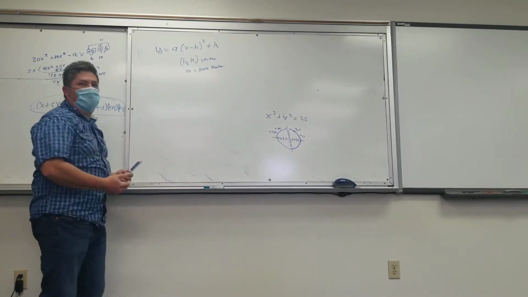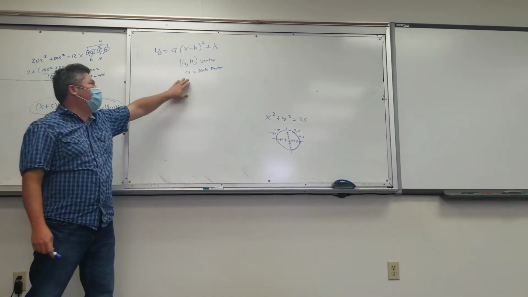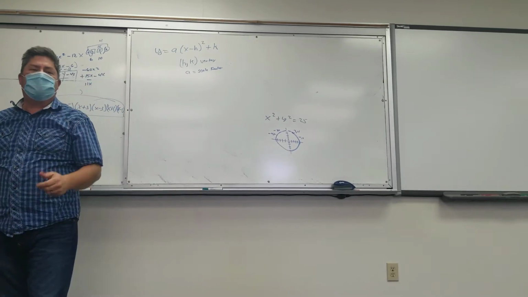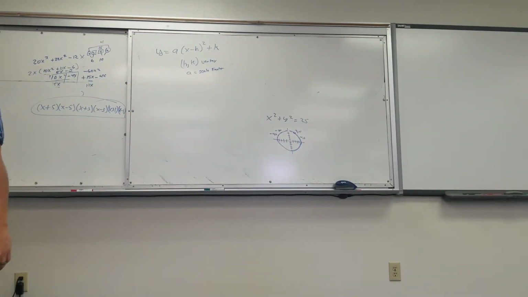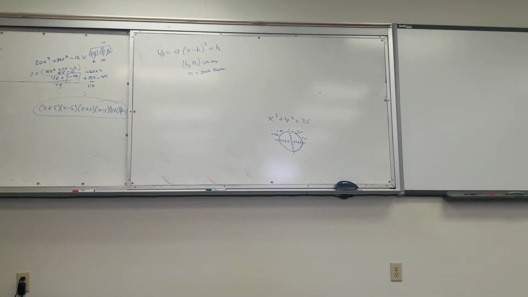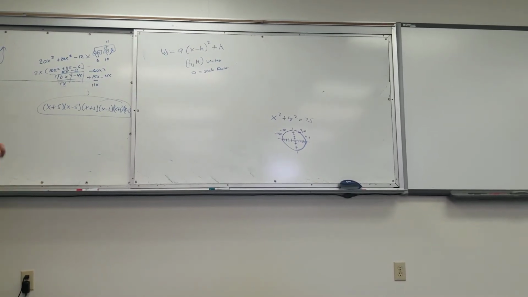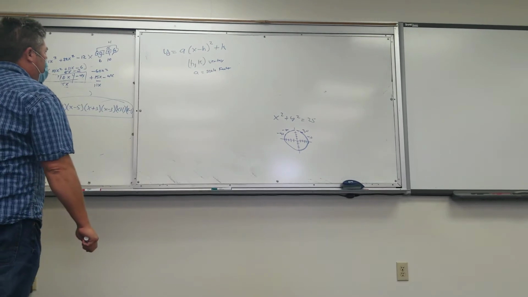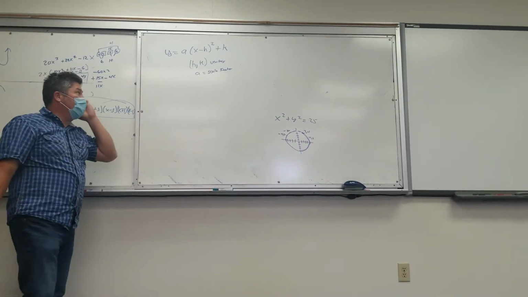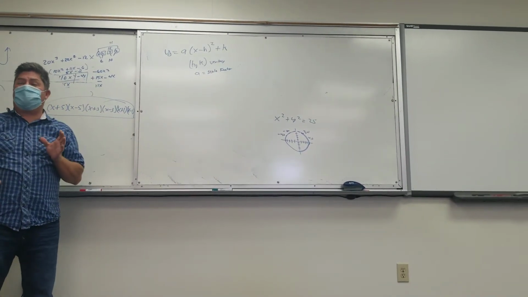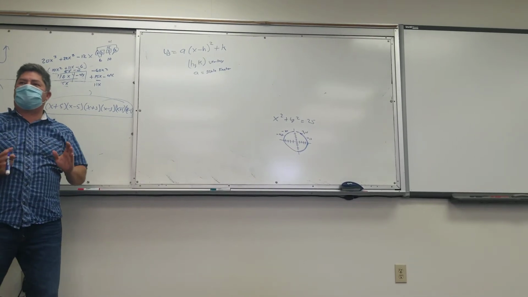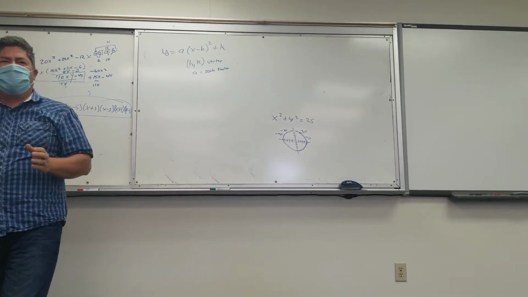If A is negative, what do you know? And these are some things you might want to write down. If A is negative, how will the graph open? Down. Okay, if A is negative, the graph opens down. Now, if the absolute value of A is between 0 and 1, the graph will do what?